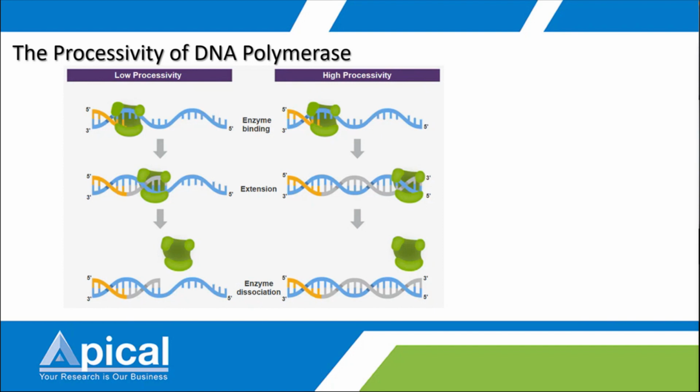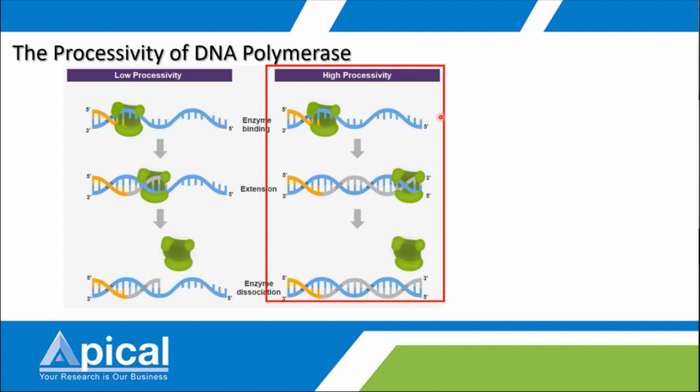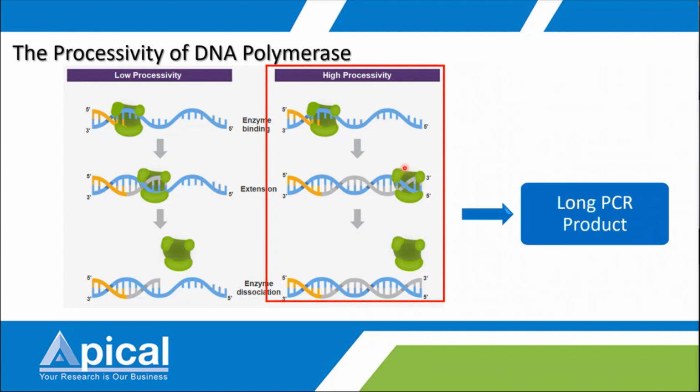Different DNA polymerases have different levels of processivity. A highly processive DNA polymerase tends to have higher affinity to its substrate, and then it can incorporate more nucleotides per binding event. So it will give you a long PCR product and a more complete amplification.